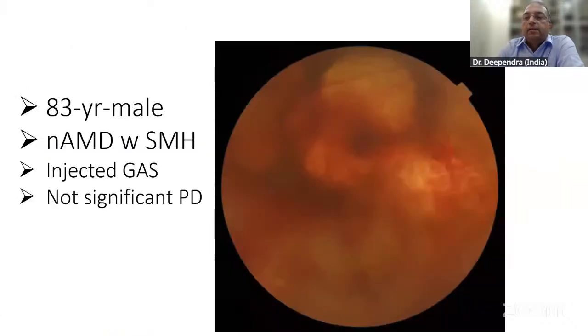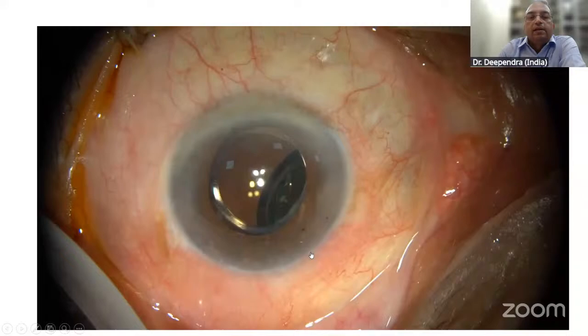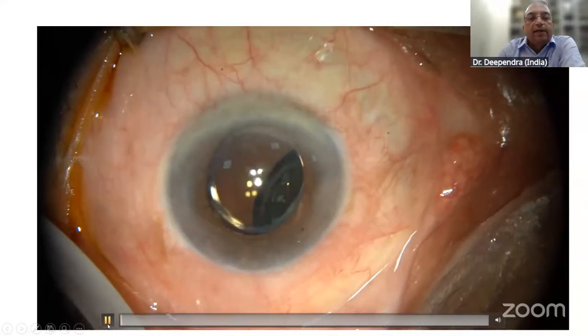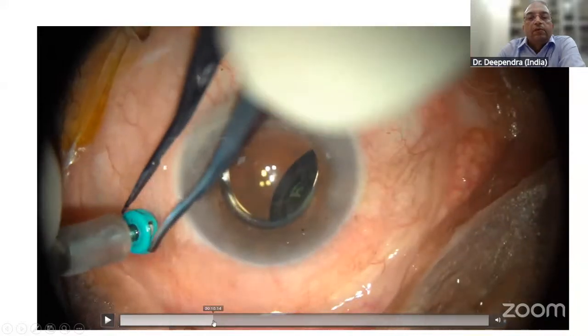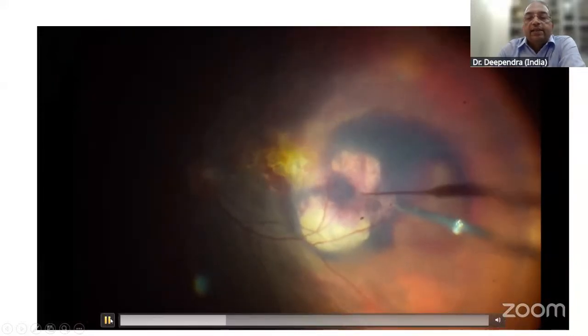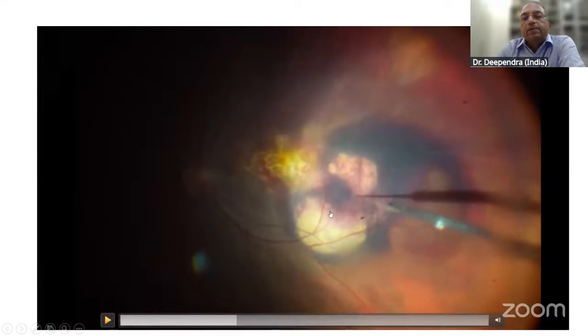Now, the one point which we were discussing: if your pneumatic fails, then what? I think this is an example where we tried pneumatic, it didn't work, so now going for surgery. In this case, I wanted to show that sometimes you are dealing with a case like this, where you have a central scar and some part of the blood is organized. So here we try to inject in the area where you have non-organized heme.